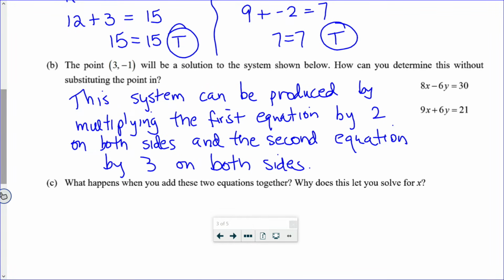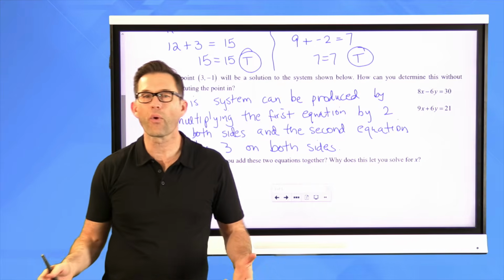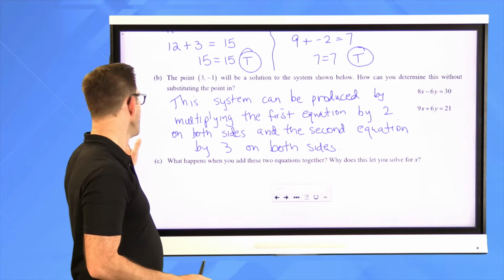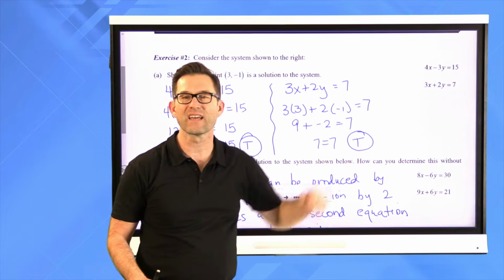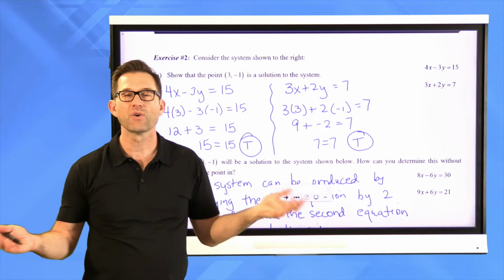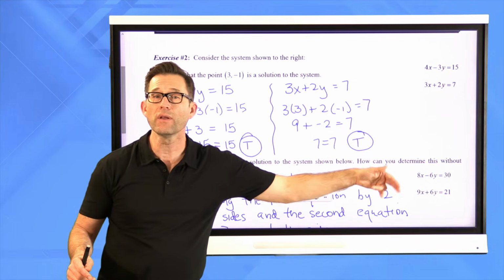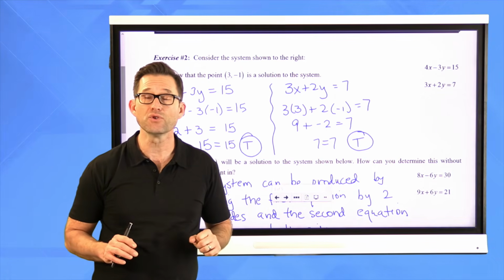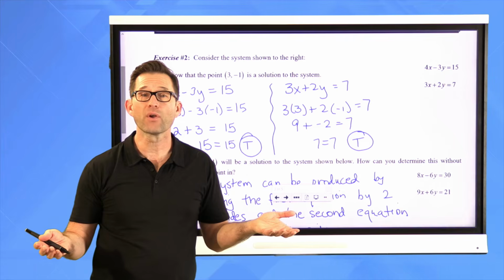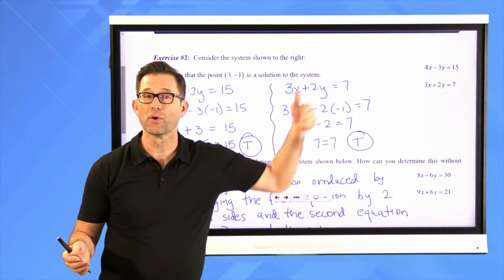In other words, I just used the properties of equality, multiplied both sides of that first equation by 2, both sides of that second equation by 3, so I get these two equations that look very different than the original two, but in fact must have the same solutions because a property of equality was just used to produce them from the original.